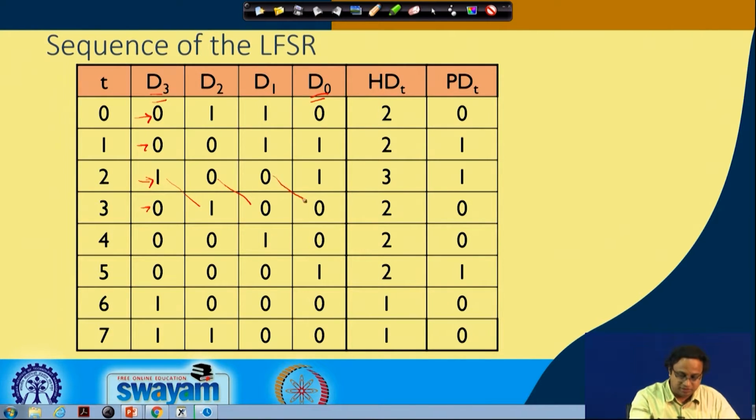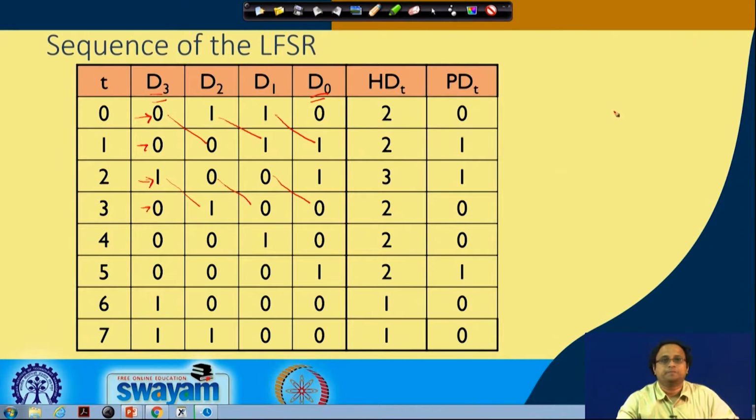These are nothing but shifting of these values. So if you start with 0, 1, 1, 1, 0 and proceed like this, these are the corresponding states that will emerge one after the other.